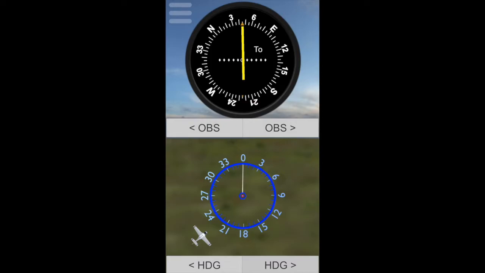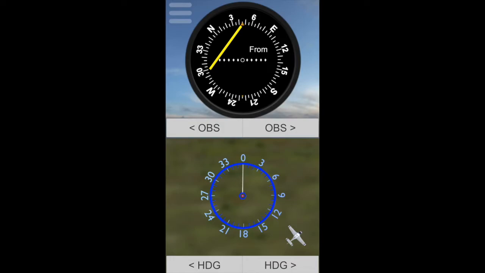Okay, so now that we covered the concepts of from and to, and how to fly to or track away or towards a VOR station, there is the concept of intercepting radials. You're flying somewhere, and ATC tells you to intercept radial 090 outbound or 090 inbound.